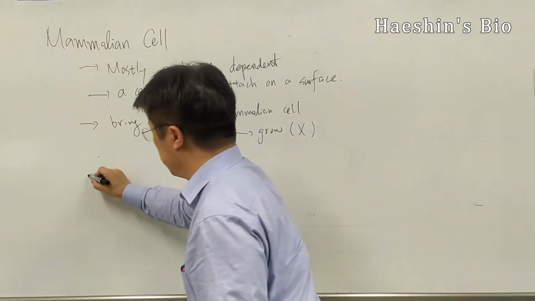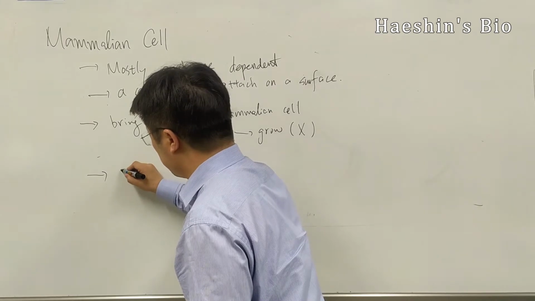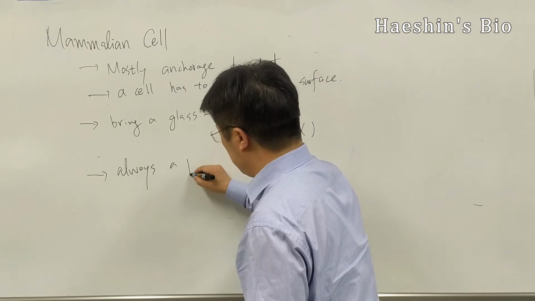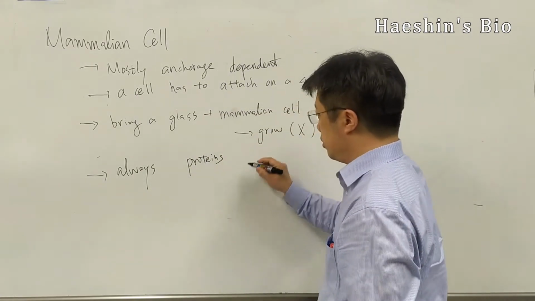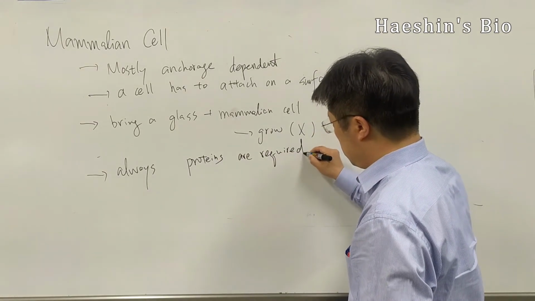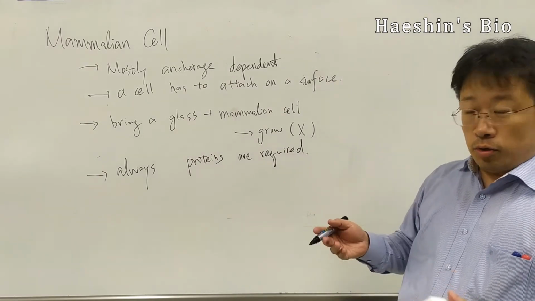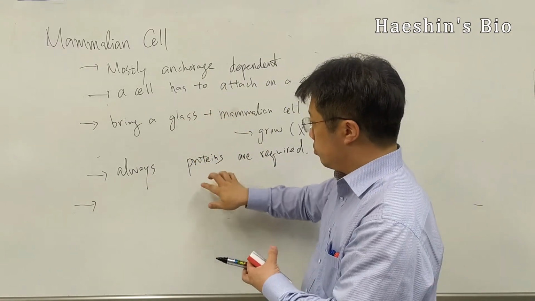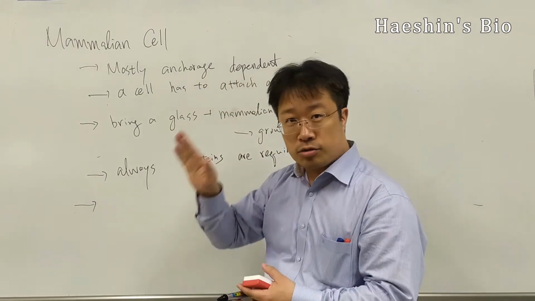Another factor, the most important thing, is proteins. Proteins are always required. So now we combine all this: proteins are required, and cells are anchorage dependent, so they have to stick on surfaces.